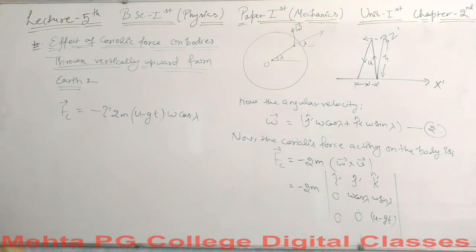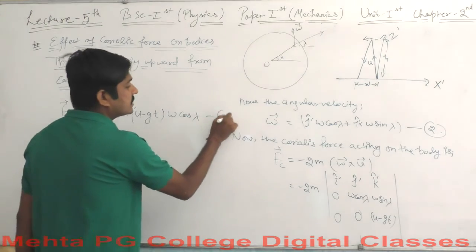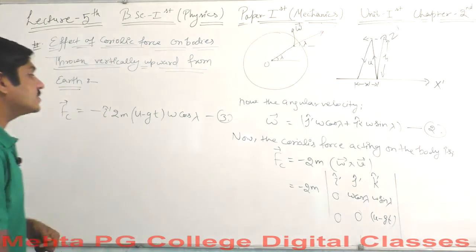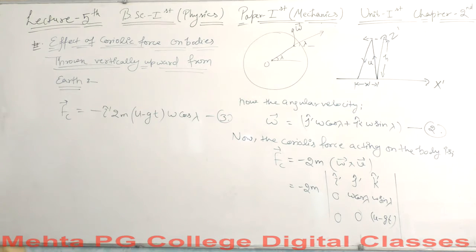That should be the value of Coriolis force. So let's say this is the equation 3, because we are again going to use this value. Okay, we will again use this particular value for the equation 3 here.